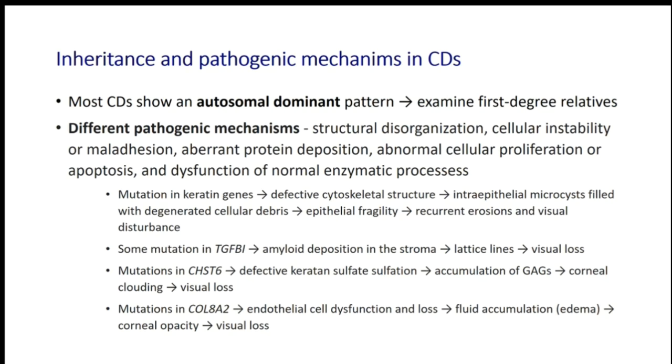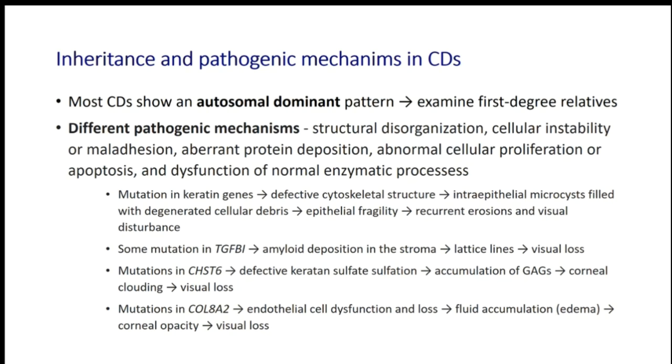Some mutations in the TGFBI gene cause amyloid deposition in the stroma that look like lattice lines, and again, visual loss occurs. Whereas mutations in CHST6 lead to defective keratan sulfate sulfation, which further leads to accumulation of glycosaminoglycans in the cornea, and again, corneal opacity or clouding can occur, leading again to visual loss.